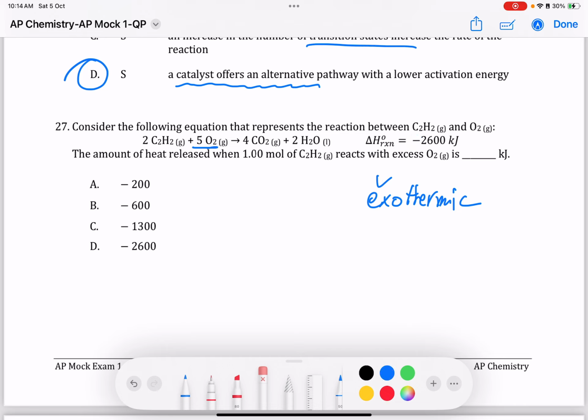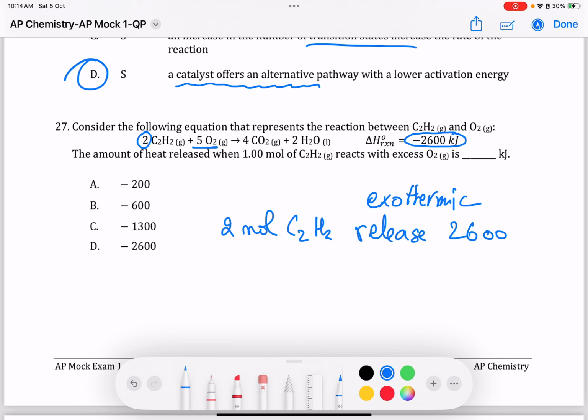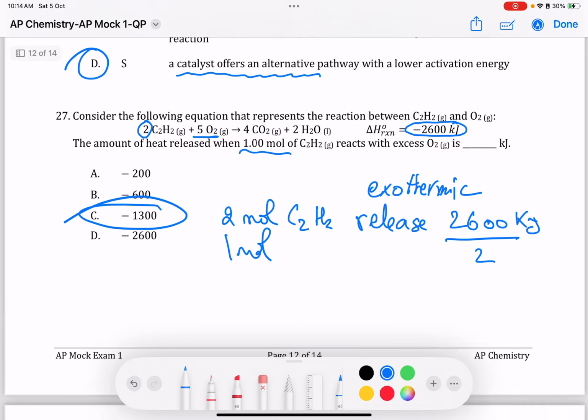Now, if you pay attention here, this amount of energy is released per 2 moles of C2H2. So 2 moles of C2H2 release 2600 kilojoules of energy. Now, what would be the amount released by 1 mole? So definitely it's half the quantity. That's the answer.